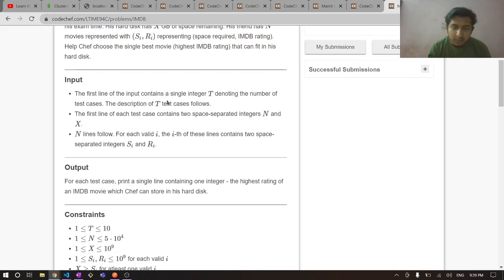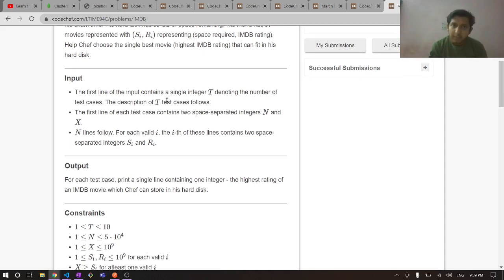So out of all those movies, we have to tell the movie which can be stored in the drive of Chef and has maximum rating.